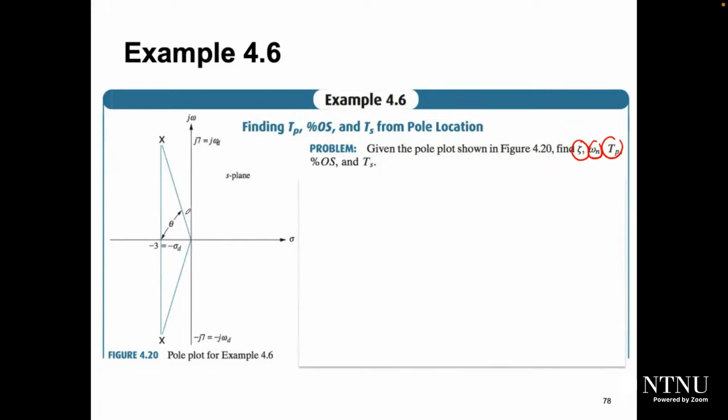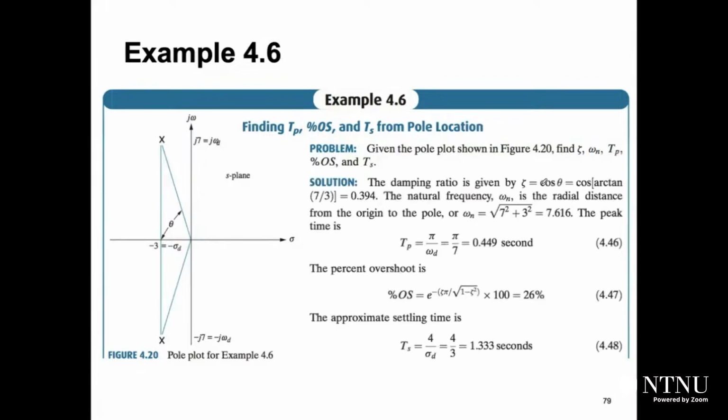So we know this distance. This one is minus 3. This one is omega d, which is 7, right? So theta will be tan inverse of 7 divided by 3.